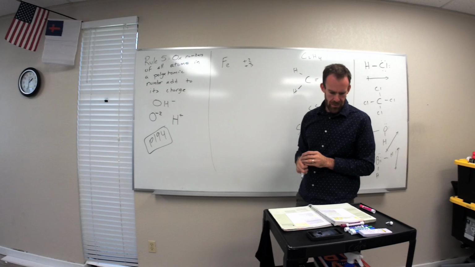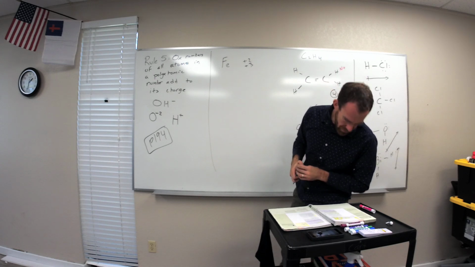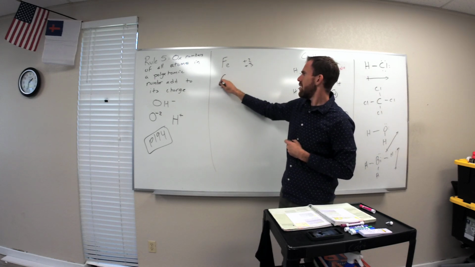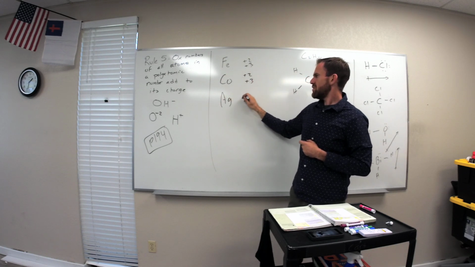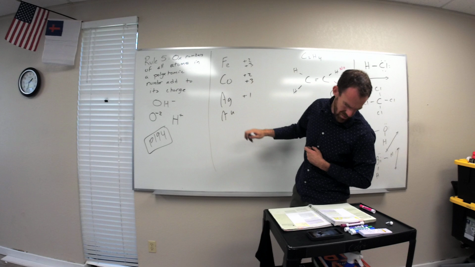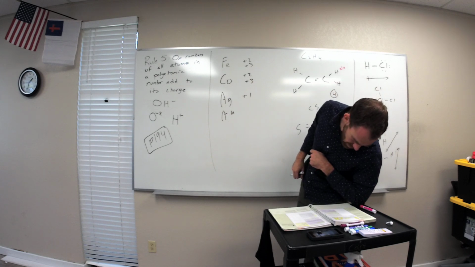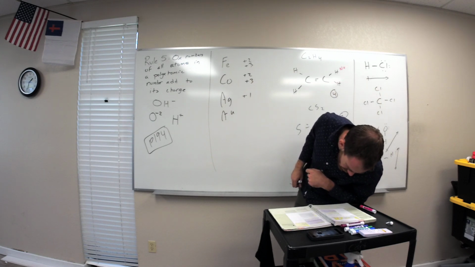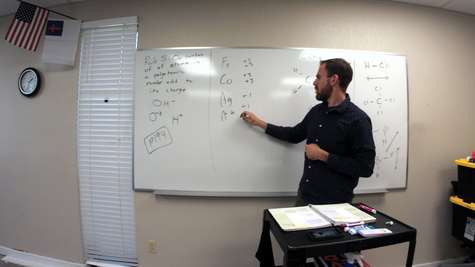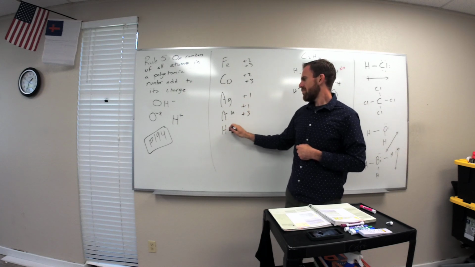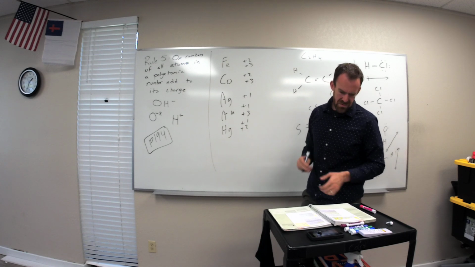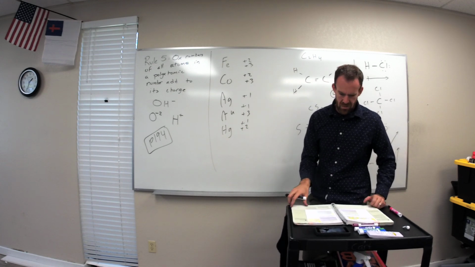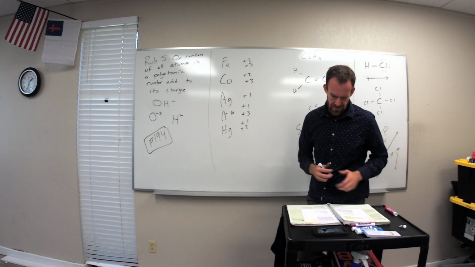Cobalt, also plus 2, plus 3. Silver, always plus 1. Gold, plus 1 or plus 3. Mercury, plus 1 or plus 2. So there's a bunch of weird ones. You can see in the table what these things will do.